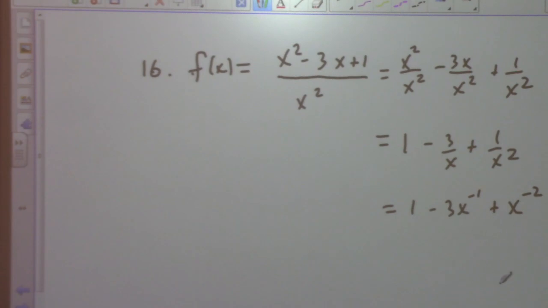All right, and now this is the non-calculus rewrite. Now you can just work this out using the power rule.